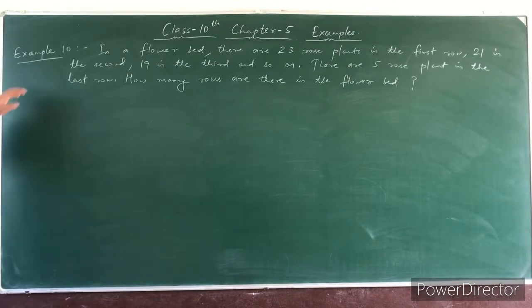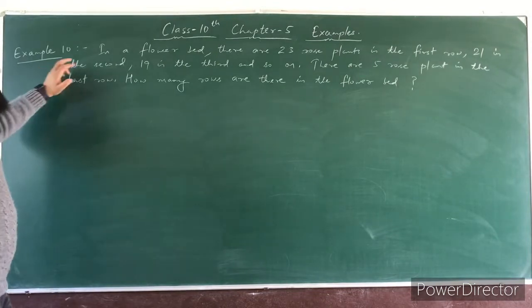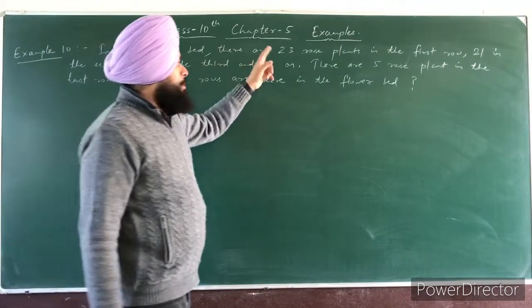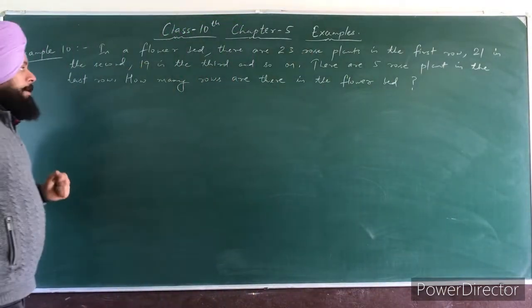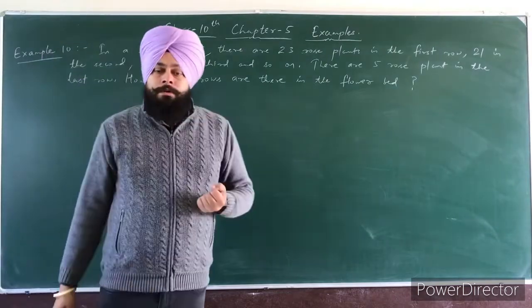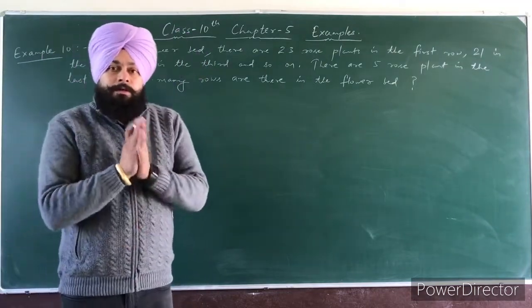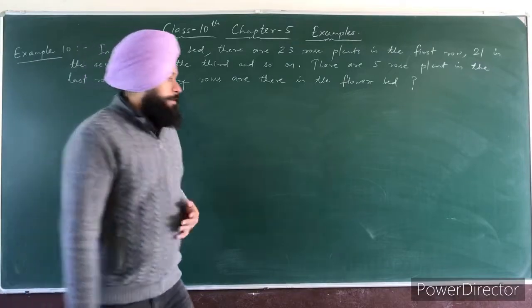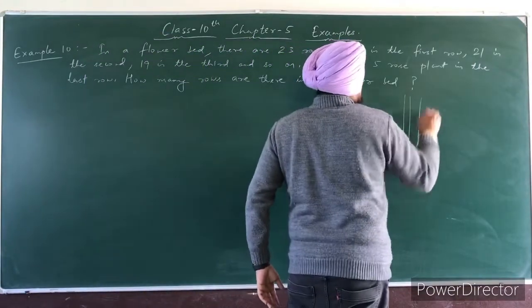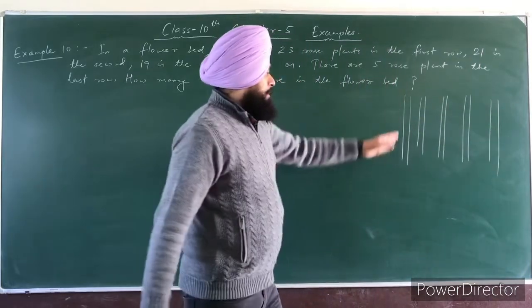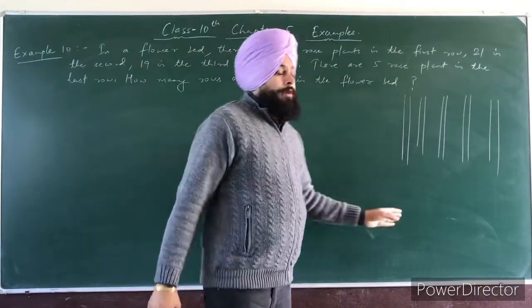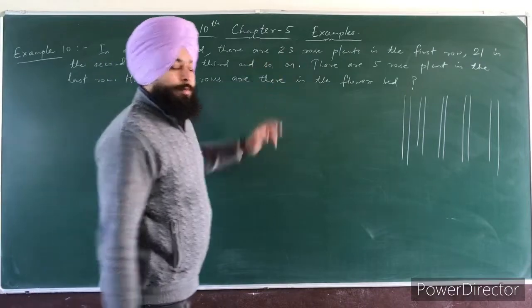So next is example number 10. In a flower bed there are 23 rose plants in the first row, 21 in the second, 19 in the third and so on. So in this first row there are how many flowers? 23 rose plants.